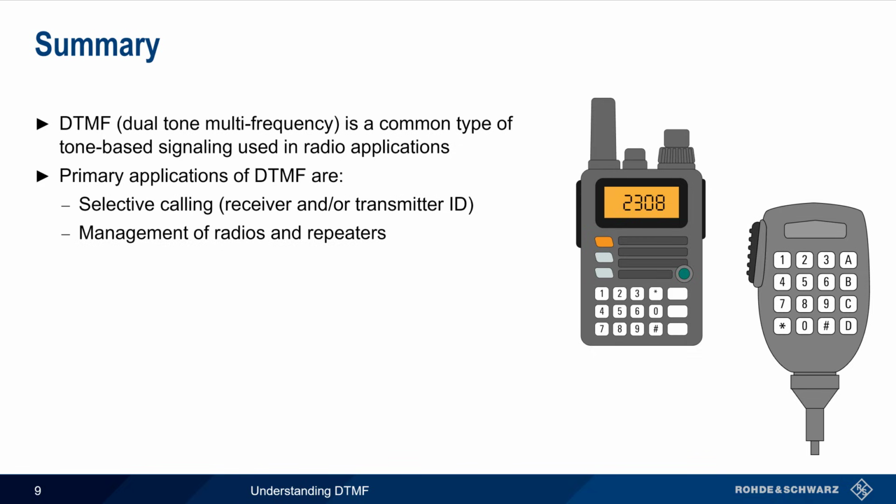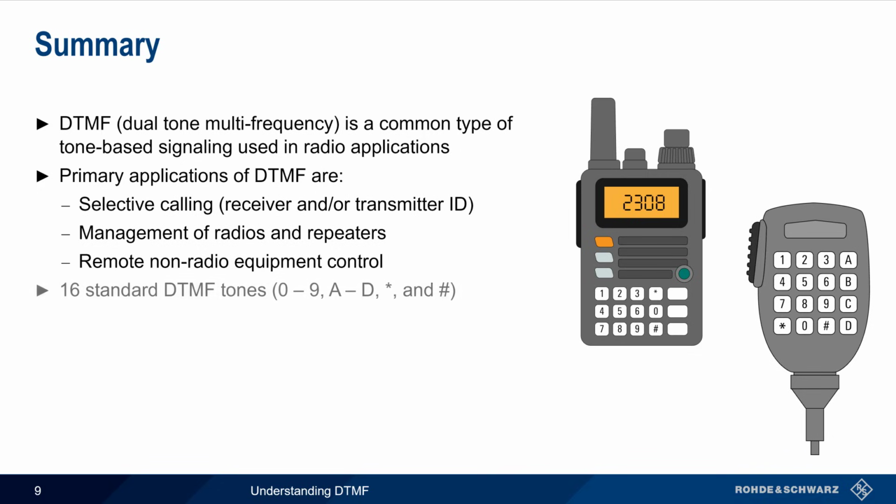Another application is controlling or managing repeaters or individual radios. A less well-known but equally important application is using DTMF to remotely control non-radio equipment, such as tornado warning sirens or railroad crossings. On the technical side, there are 16 standard DTMF tones, 0 through 9, A through D, star, and pound.